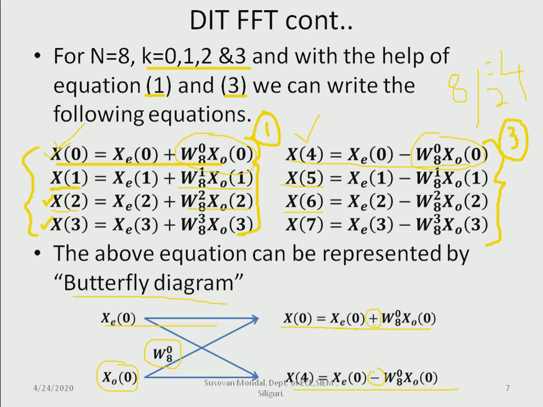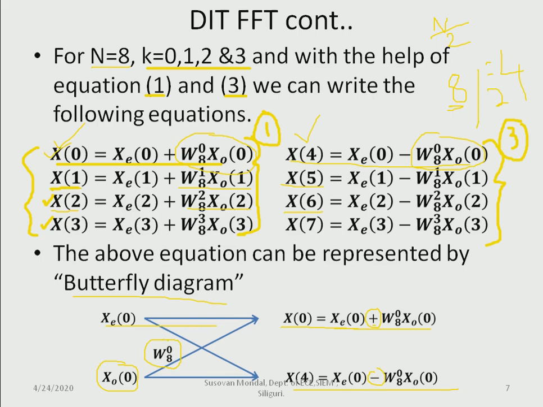This is a simple example. At the last stage we can reduce the number of complex multiplications by n by 2. Here I am writing 8 because we assume that n equals 8. In general, in each stage we can reduce by n by 2 complex multiplications. We can calculate the number of stages by log n.